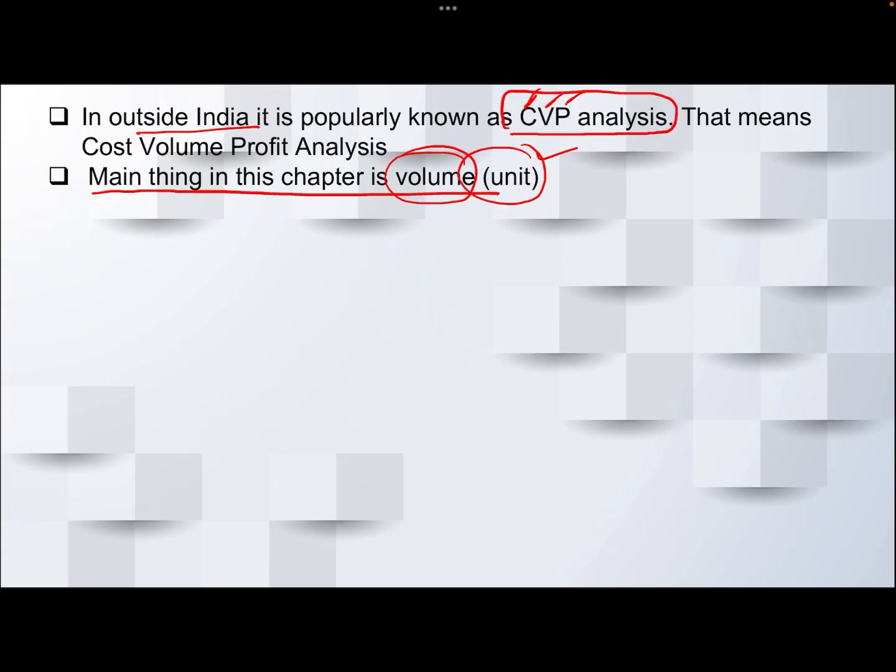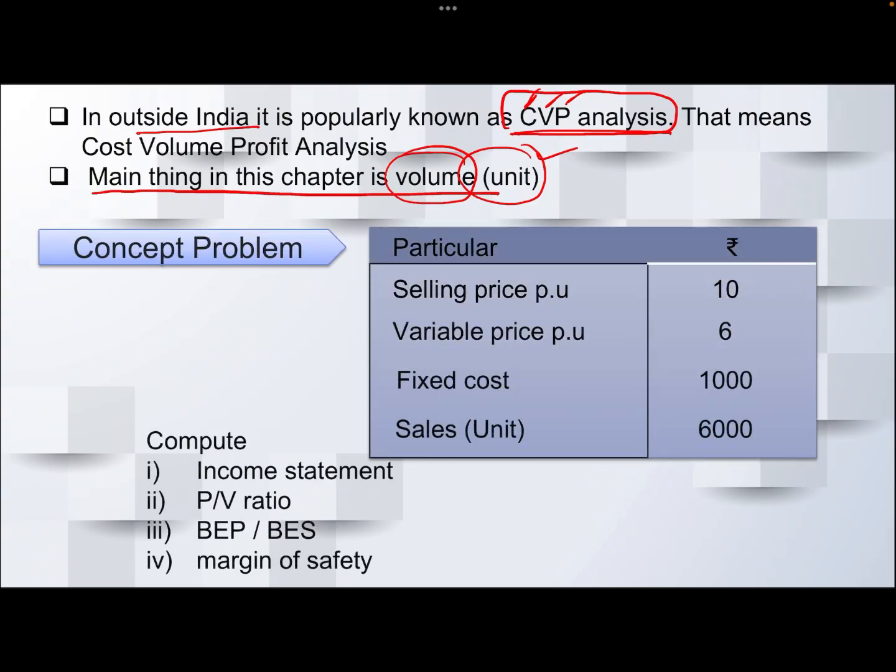Especially ACCA and CMA students have to study this too, but there they mention CVP instead of marginal costing. First I will give you an example, from which we can understand the beauty of this concept.